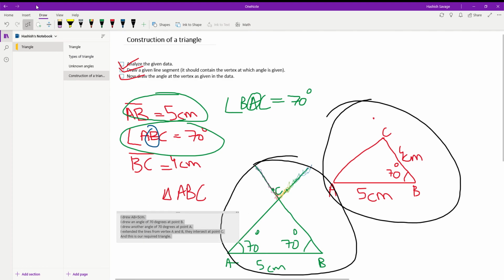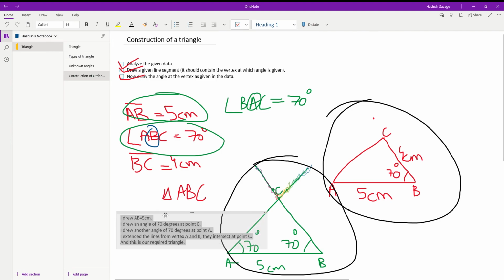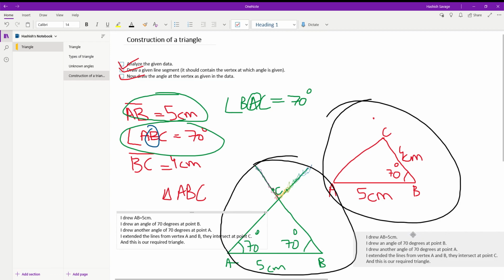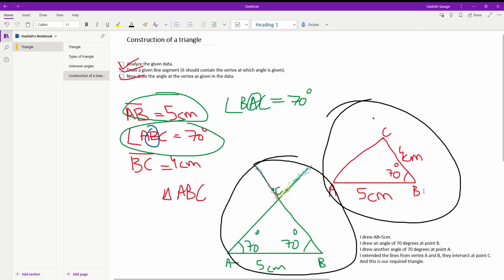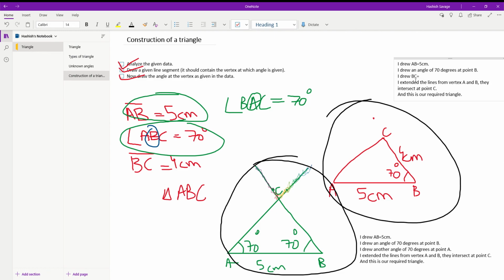So these are the points for the green one, and let me write these again for the red one. So in the red one again, I draw a line, and I draw an angle at point B. So I drew BC equals to 4 centimeter.